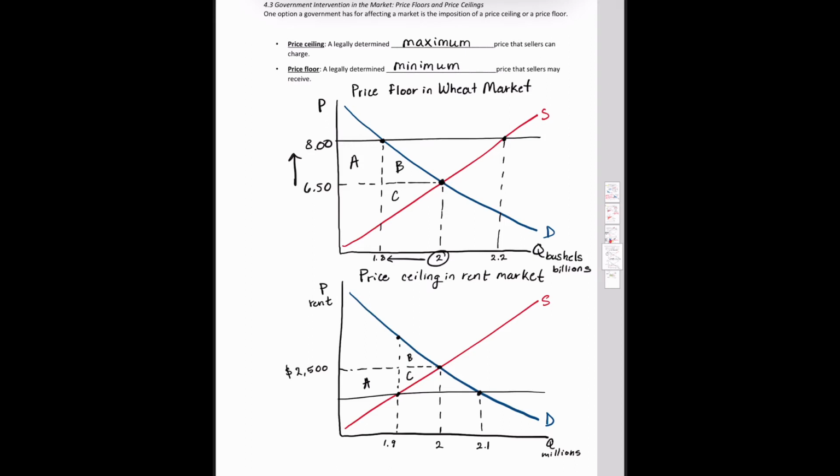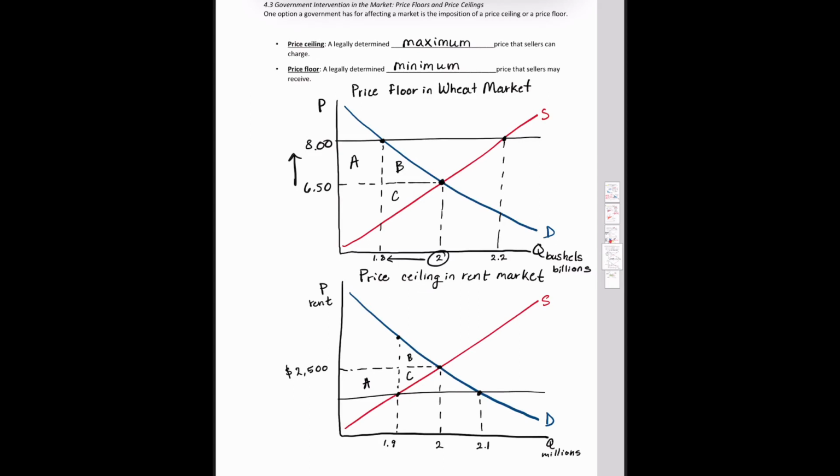Area A is going to be transferred from consumers to producers, because A used to be part of consumer surplus because it was above the $6.50 price. But now, since it's below the $8 price, it's going to be part of producer surplus. Economic surplus overall is going to be reduced by areas B and C. That represents deadweight loss.